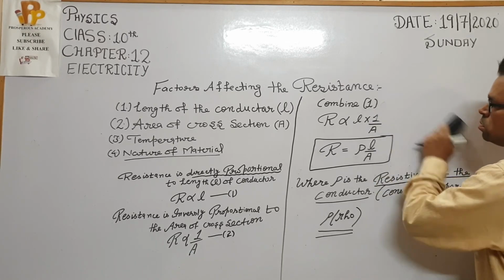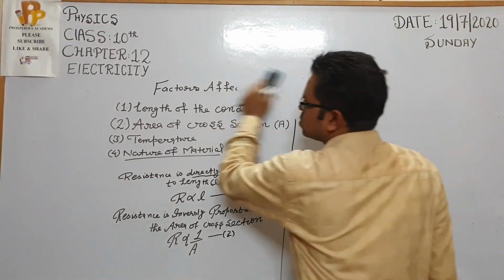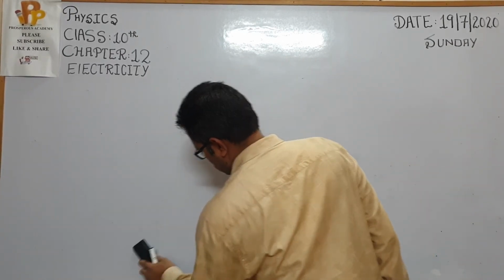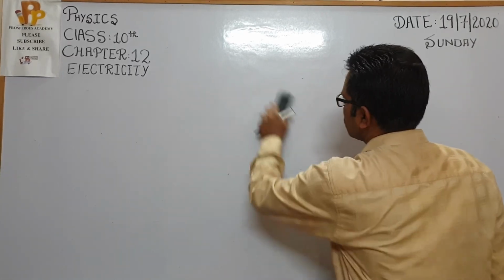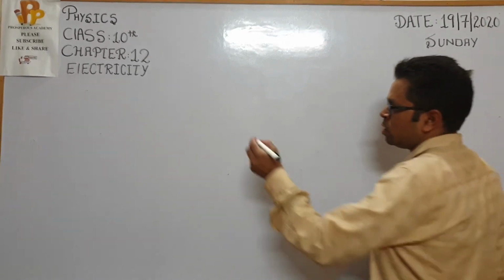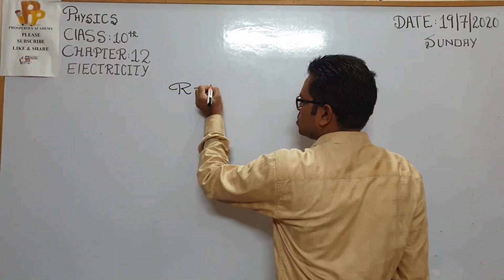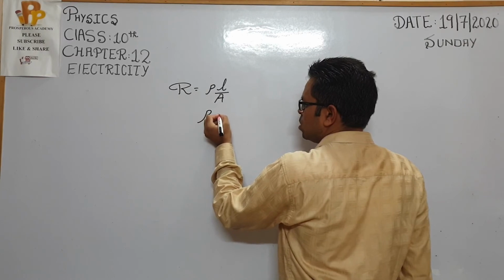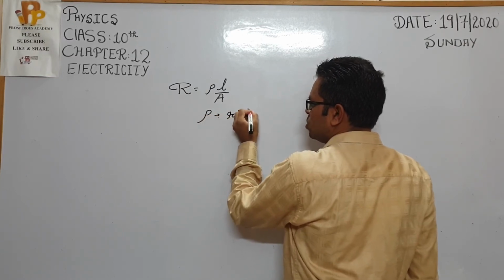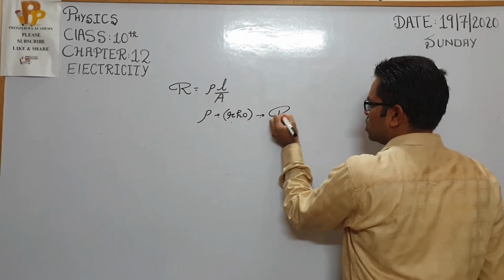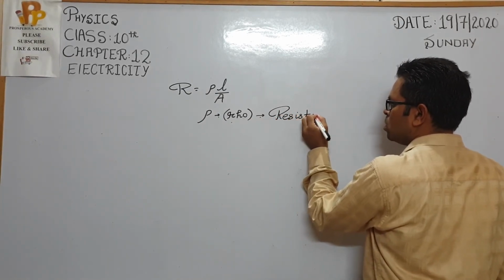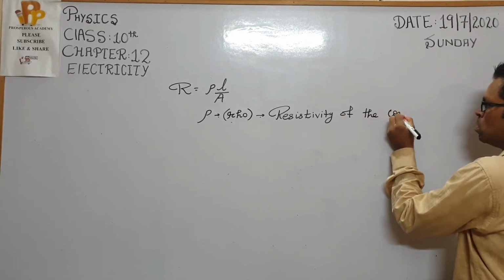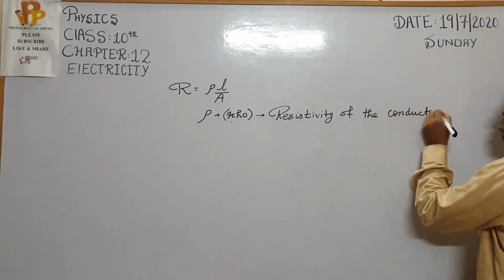Okay, fine beta. Now beta, you get R is equal to rho L upon A, where rho is the resistivity of the conductor.